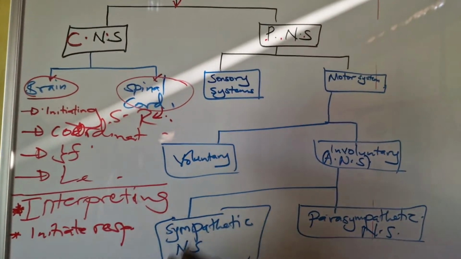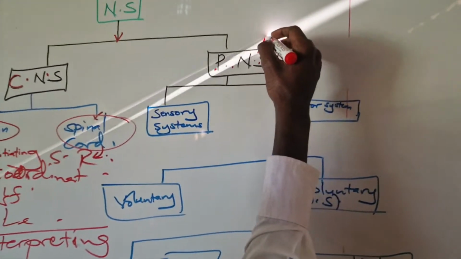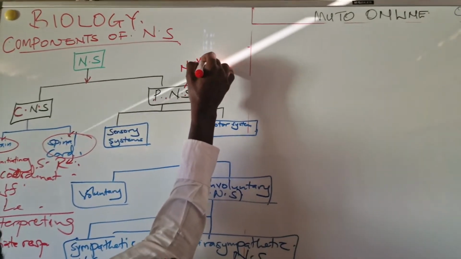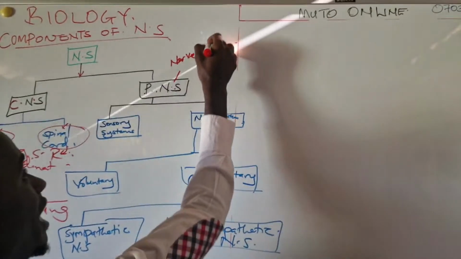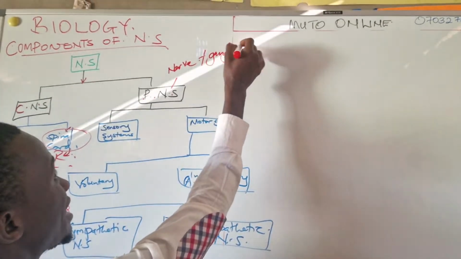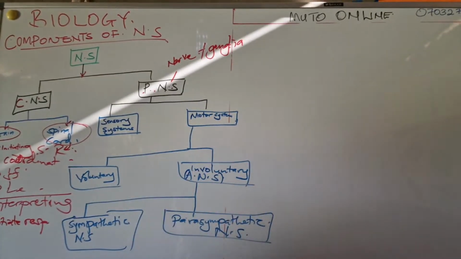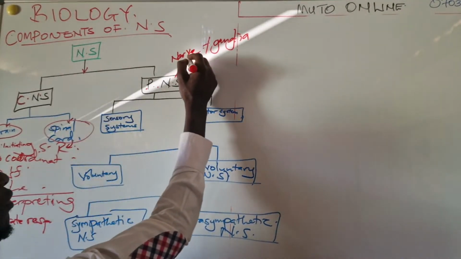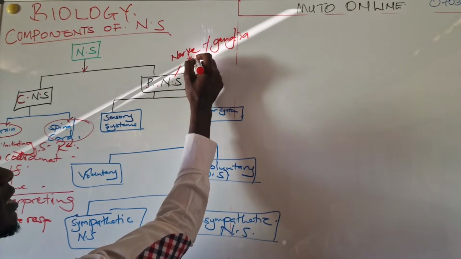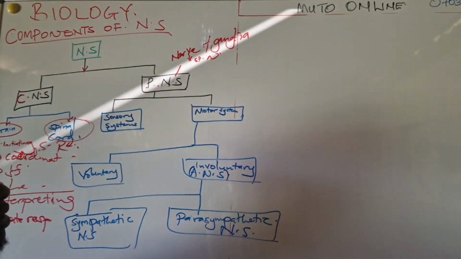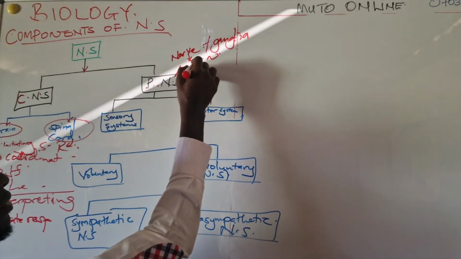To move on, the peripheral nervous system is made up of the nerves, the different nerve fibers, and the nerve junctions we call the ganglions, the ganglia. The nerve fibers, we are talking of the spinal nerves and then the cranial nerves.